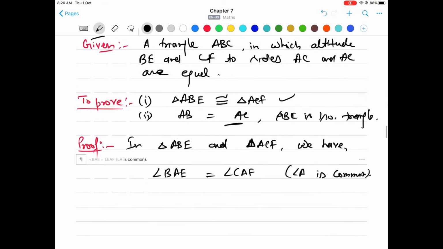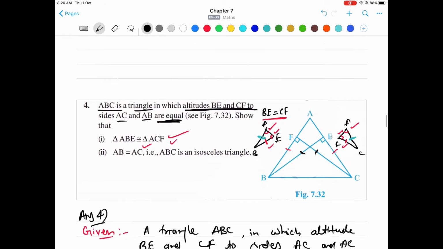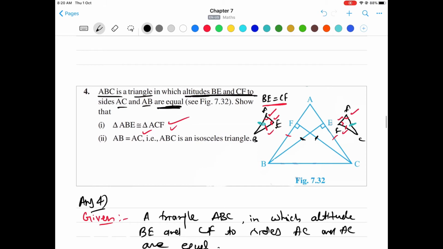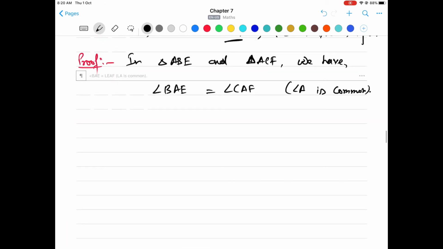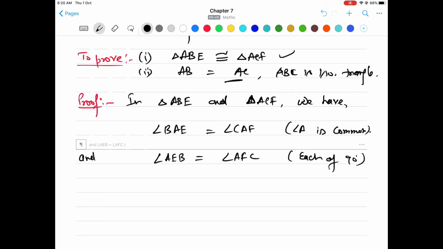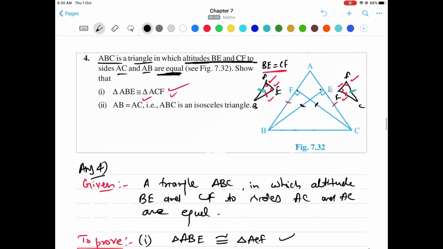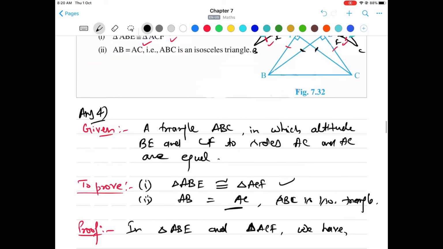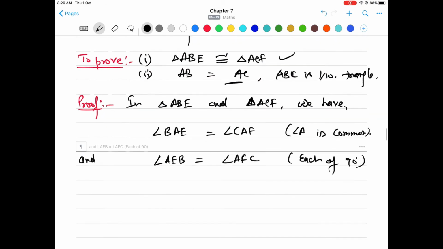So BAE and CAF will be equal. Then angles E and F are equal because each is 90 degrees. Angle AEB is equal to angle AFC, each of 90 degrees. Angle AEB is this one and angle AFC is this one. These two angles are equal.